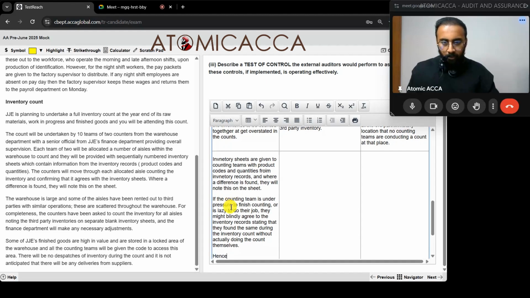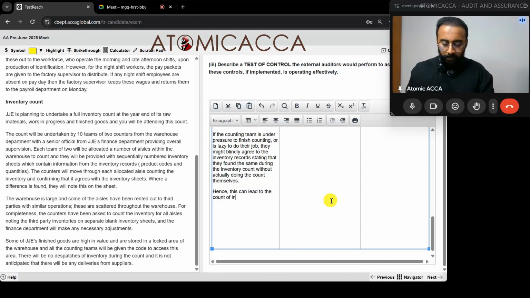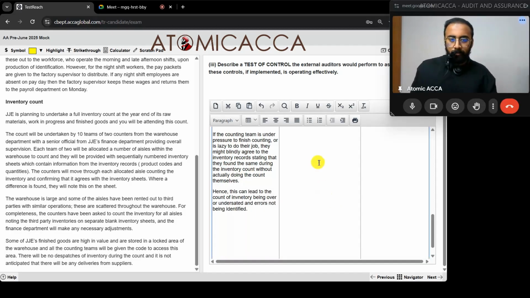Hence, this can lead to overstatement or understatement of inventory, and errors not being identified.